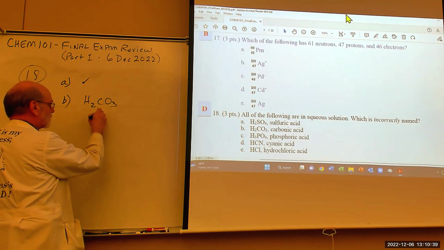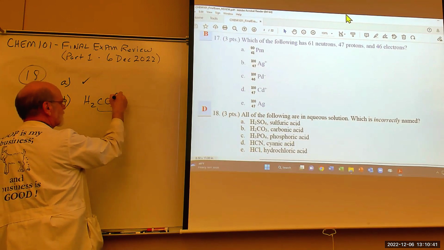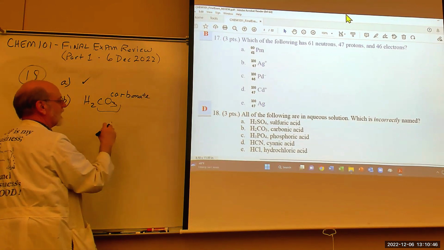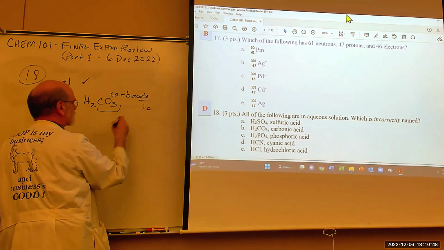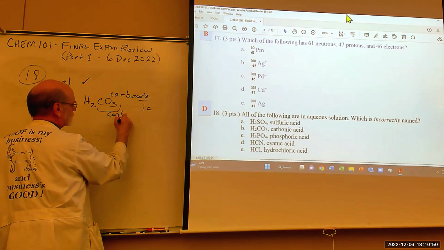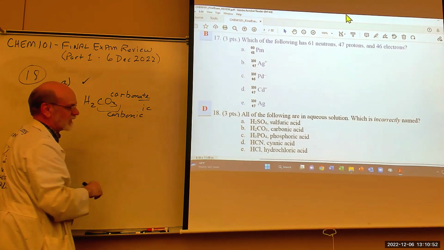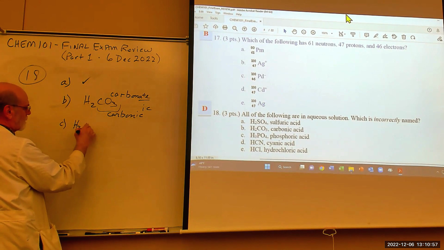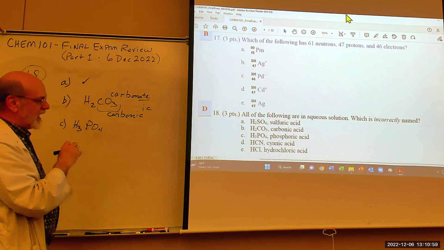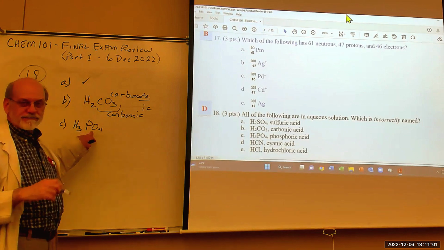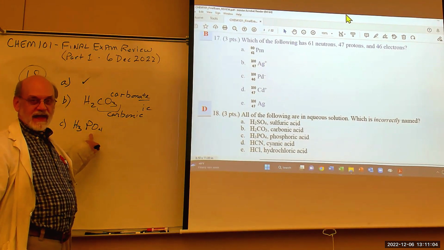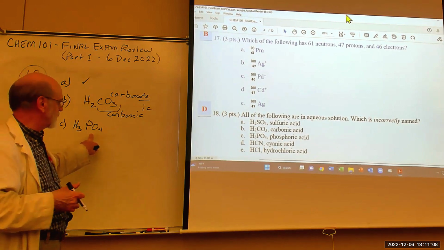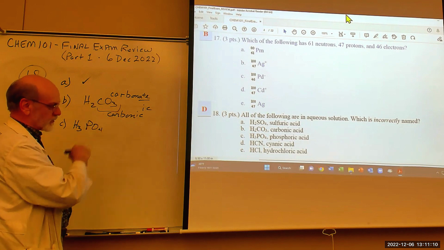We look at this part. That is the carbonate polyatomic ion, -ate becomes -ic. This is carbonic acid. That's correct. How about this one? H3PO4. That's the phosphate ion. -ate becomes -ic, phosphoric. We sort of modify it a little bit so it sounds better. Phosphoric acid. That one's correct also.